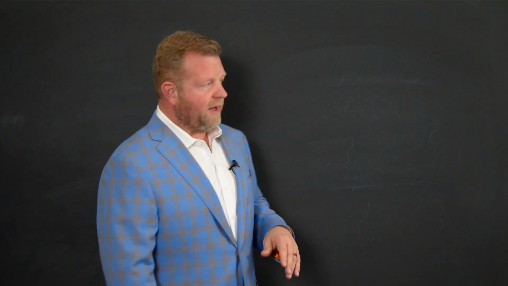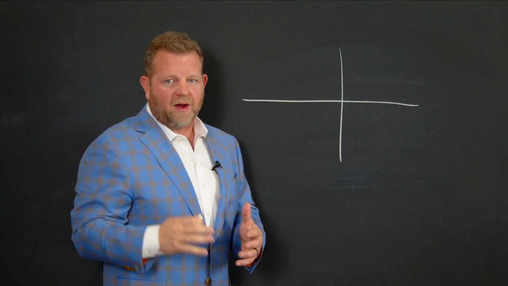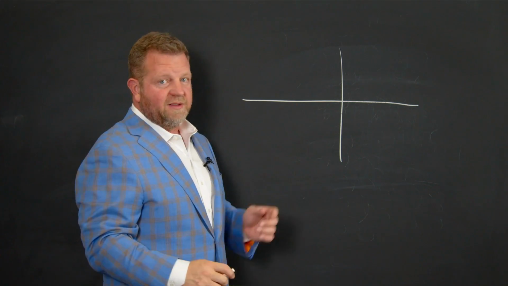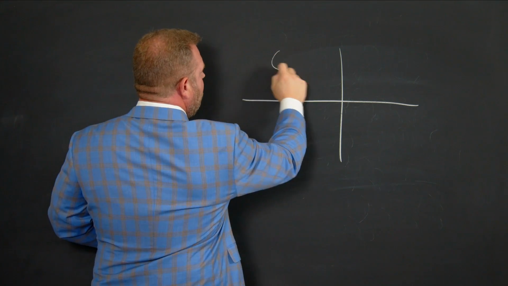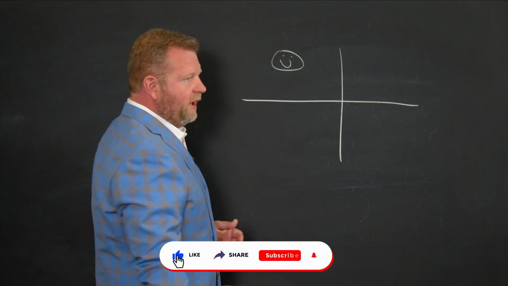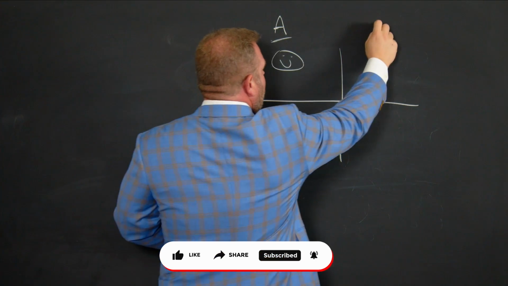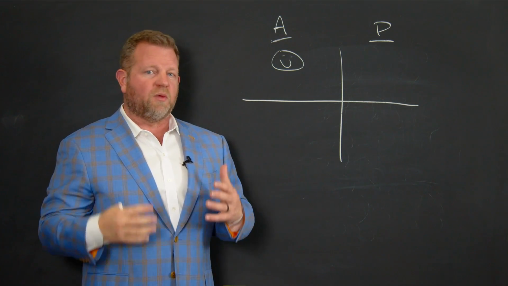Let's start by just divvying up our assets so you understand what we're talking about, and then some of the strategies that we can utilize to minimize any of the risks that are out there. First off, you're up here in the personal quadrant. I'm going to put an A for active and a P for passive, because things on the left side are things that I'm actually working in.